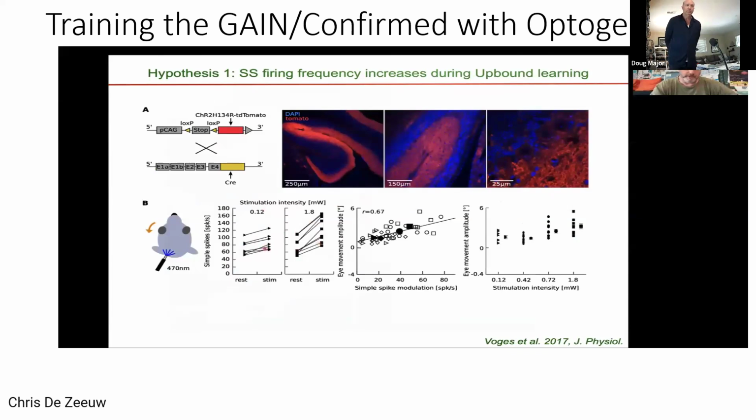And then based upon these different stimulus strengths, we could indeed get a different eye movement amplitude in a virtually linear fashion. And so this was really caused by stimulating the Purkinje cells. So we think that an increase in simple spike activity really can be causal to an increase in the gain of the compensatory eye movement.